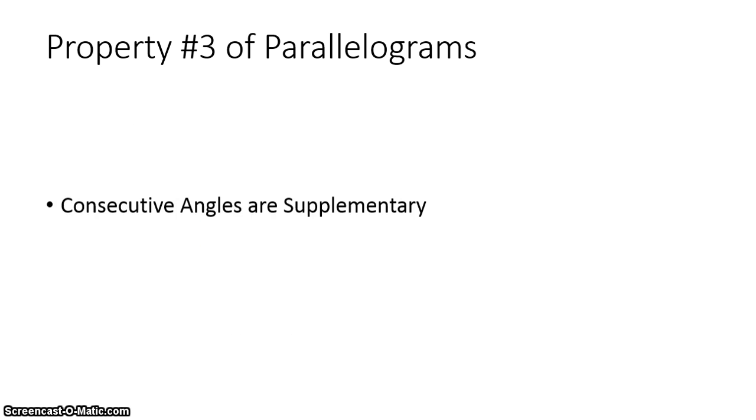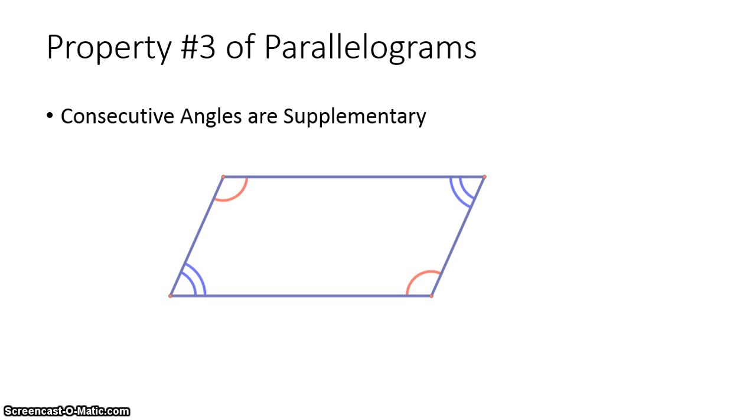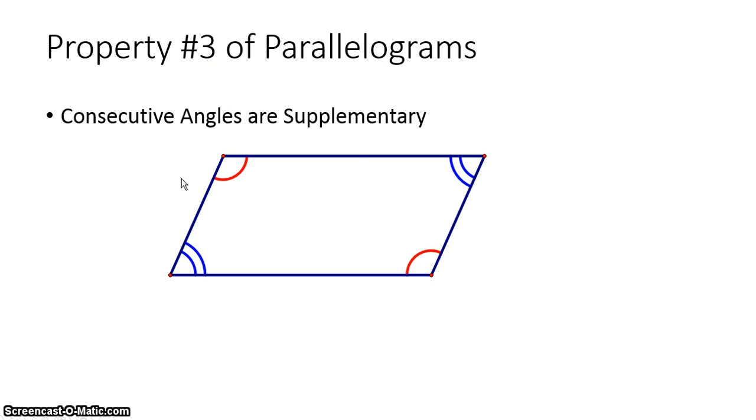The third property is that consecutive angles are supplementary. And we really already know this because if these sides are parallel, I know that these two have to be supplementary because they're same side interior, and these two have to be supplementary. I also know these sides are parallel, so these two are supplementary, and these two.